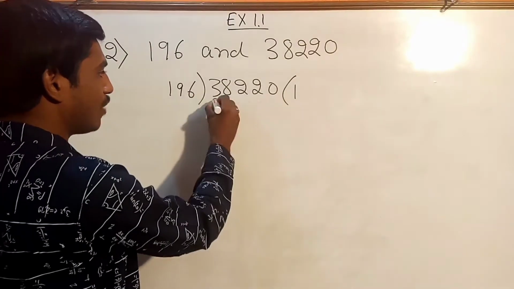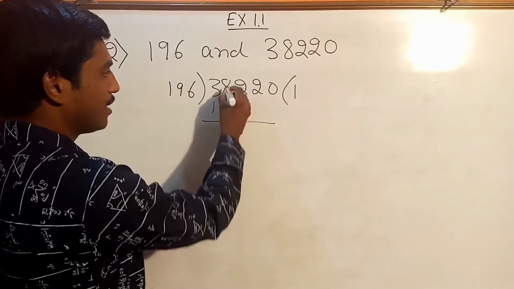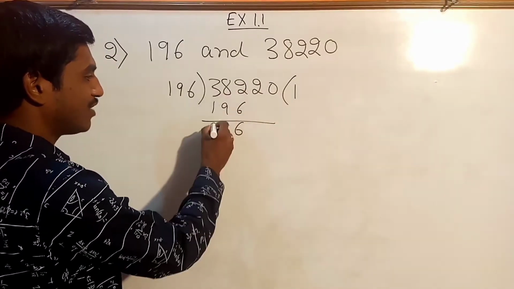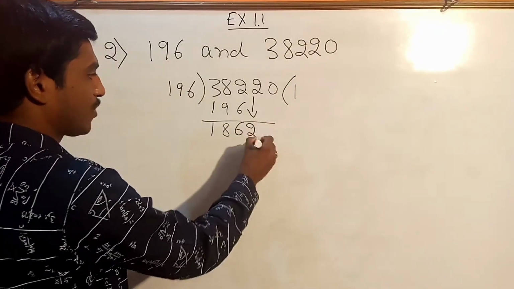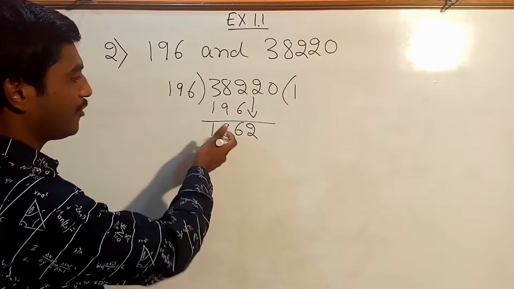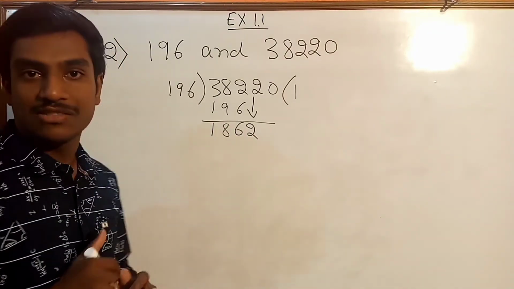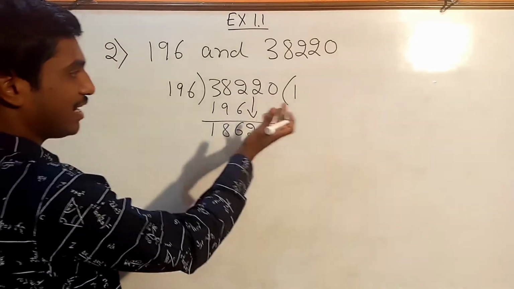So 196 into 1 is 196. 12 minus 6 is 6. 17 minus 9 is 8. 2 minus 1 is 1. So next is 2 here. Here we got 1862. Here we have 196. 196 into 10 will be 1960, so we will take less than that.